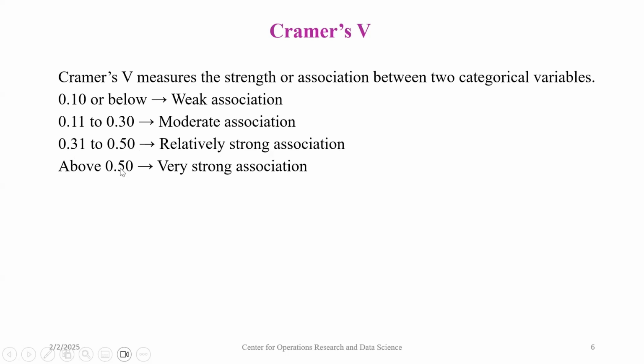If it is above 0.5, we say the two variables have very strong association. So because ours was 0.338, what we are seeing here is that there is a relatively strong association between passenger class and survival classification, or survival.